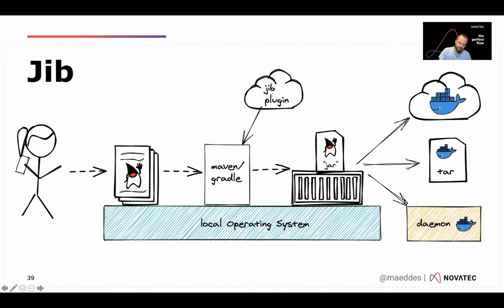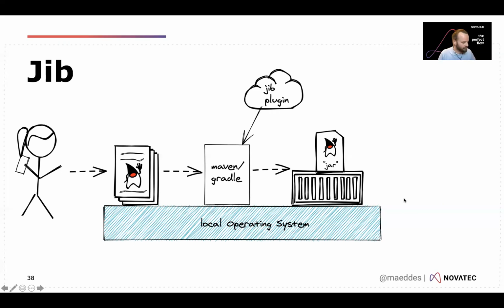Now, the interesting thing is what you don't see in that picture: a Docker daemon. If you run a Dockerfile, you need a Docker daemon to build that for you. Now with Jib, you don't need that. It will create the container image. It's not per se a Docker image, it's an OCI compliant image out of your Maven run, and it doesn't need the Dockerfile to do that.